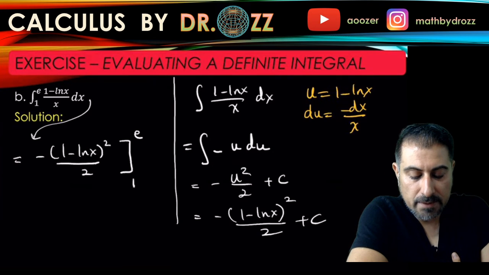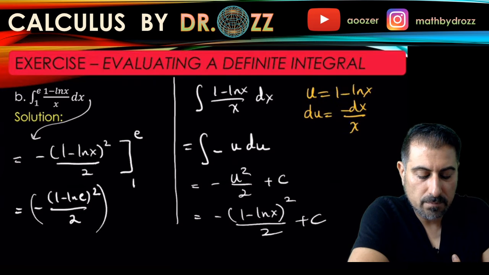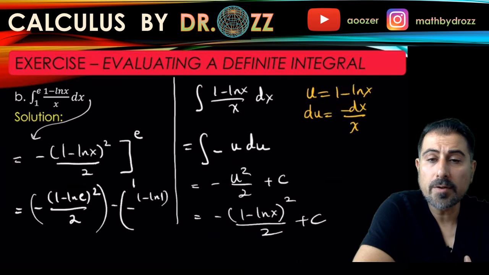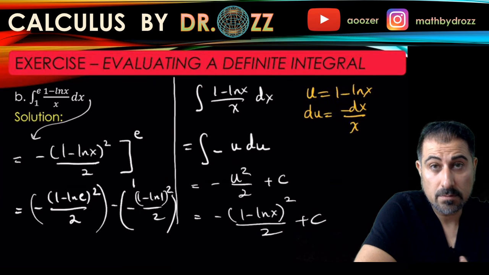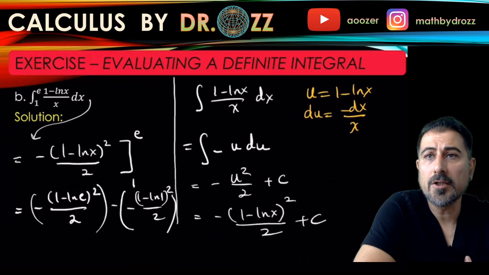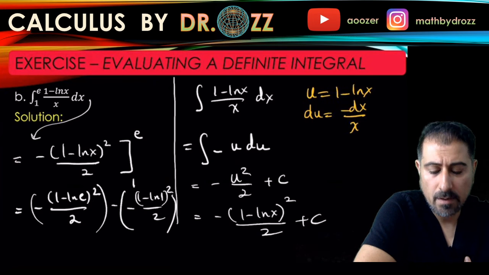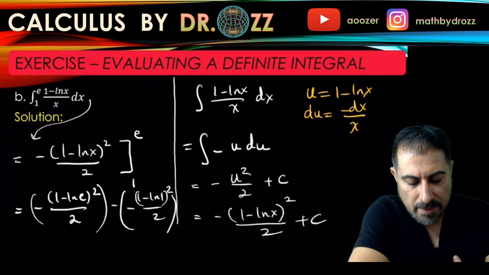So we're going to plug in e first. And then I'm going to plug in 1. Go ahead and use your calculator, but visually verify that ln e is 1. That's one thing that you should be able to see here. For that reason, if ln e equals 1, 1 minus 1 is going to be 0.